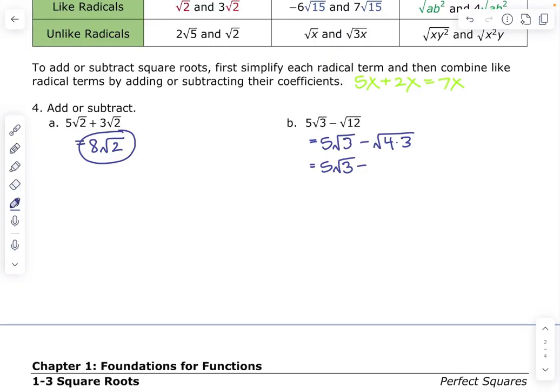Because we have a product as a radicand now, I can split up those radicals. And we know that the square root of 4 is 2, and the square root of 3 is irrational, so we're going to leave it just like that. Again, just as if we were dealing with variables, we're going to deal with our coefficients first. So 5 minus 2 is 3, and the square root of 3 gets plopped on at the end.